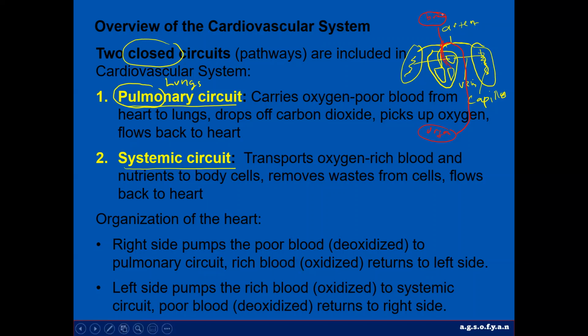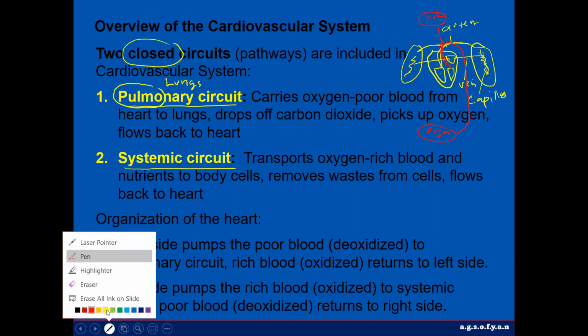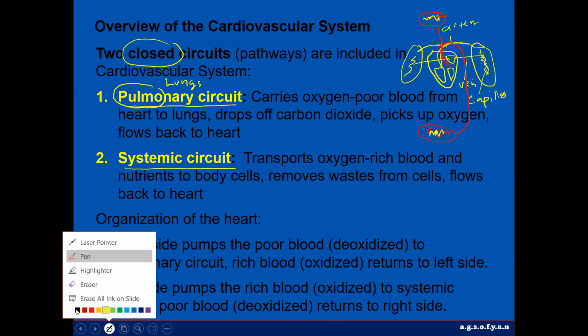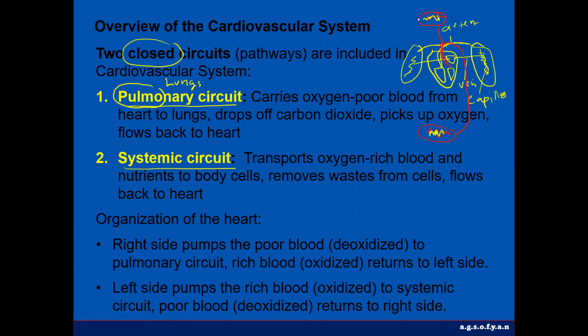Okay, and then from there will be capillaries inside this organ, inside this brain, for example, and then the blood will be returned to the heart on the right side.